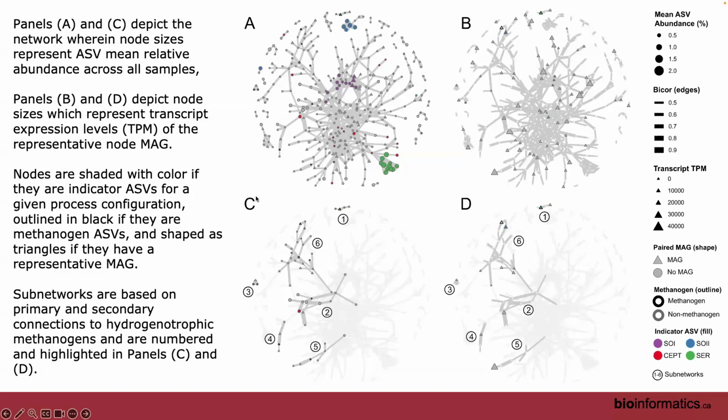And the important bit is C and D, where we actually took single nodes that represented hydrogenotrophic methanogens, and we took the linkages, the primary linkages, so one away from them, and then one more, so primary and secondary, and we looked to see if there were any subsets or any consortia that were associated with those methanogens.